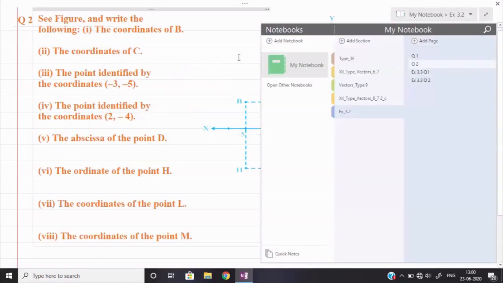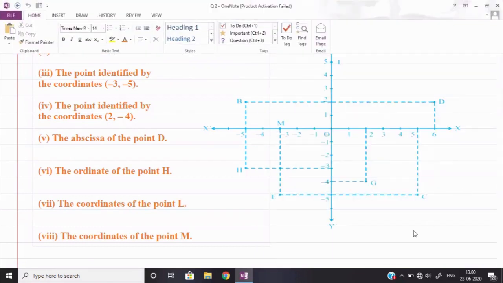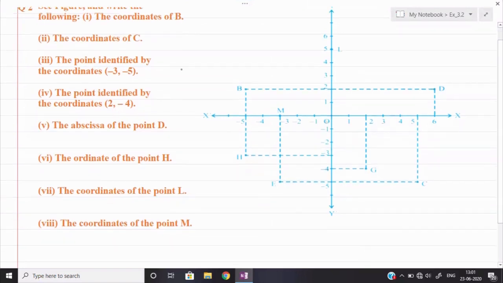See, in the second question, what we have given. In the second question, they are saying to us, see the figure and write the following: the coordinate of B. We need not do anything in this question. Many points are given and for each and every point we need to write down their coordinates. So first of all, look at point B. First you see point B has how much horizontal distance from the y-axis.